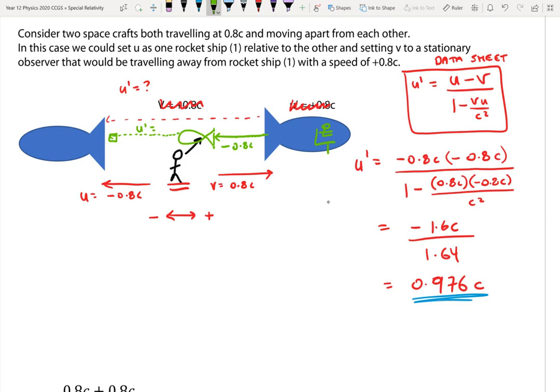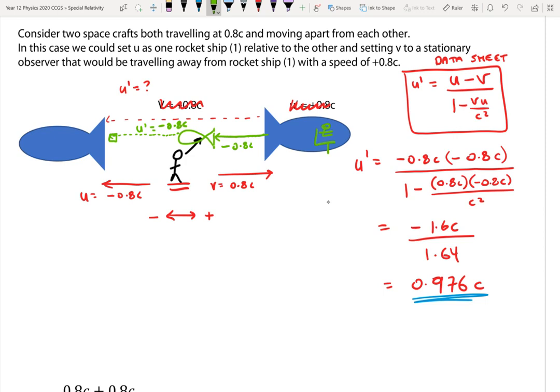Ooh, it's negative 0.8c. So this is going straight back to the initial question on the first page about a bloke sees a spaceship firing a missile. The only thing I've done is, it's moving to the left now, so we've just got negatives instead of positives.